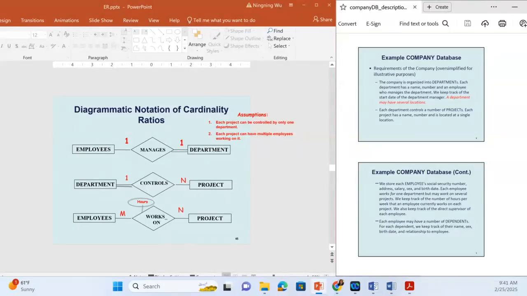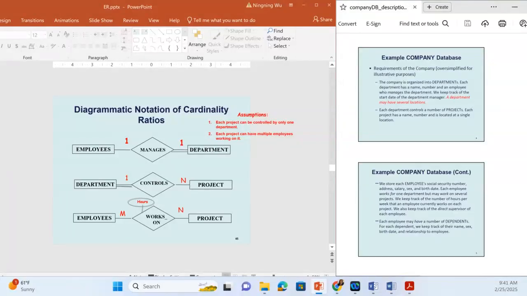It really depends on the case. But given this sample company database, we do not know which case applies. So we cannot just blindly assume one without telling them that this is our assumption, so that we can go back to the client to validate it.